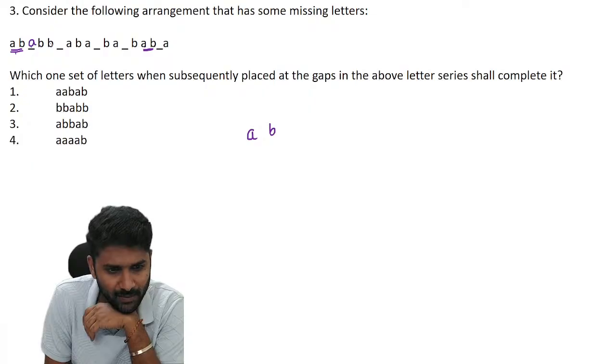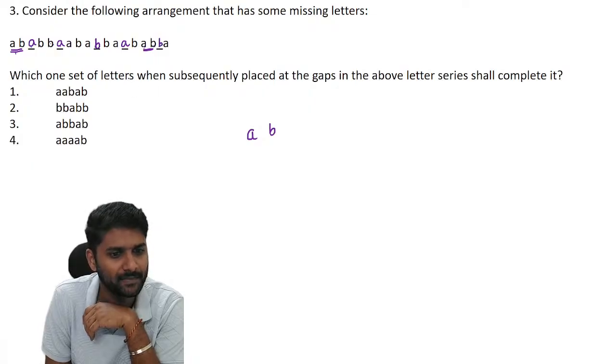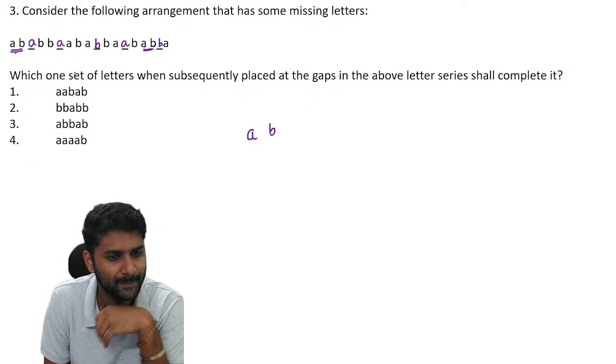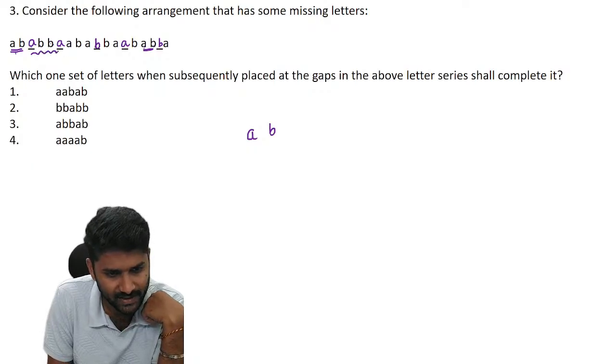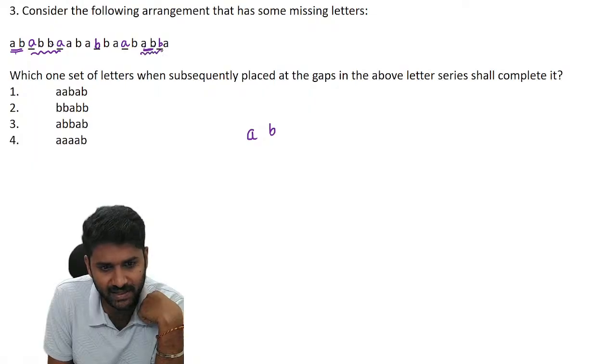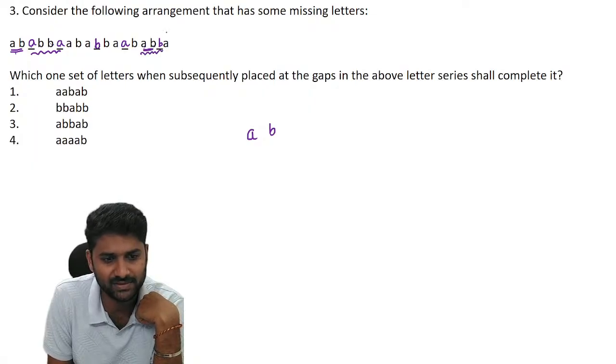It's A, B, A, B, B. Next one: A, B, A, B, B, A, B. You can check here again: A, B, A, B, B, A, A, B, B, A. See, check this pattern. A, B, B, A is repeated again, A, B, B, A. So that is repeated. That's where the best suitable sequence is option 1.